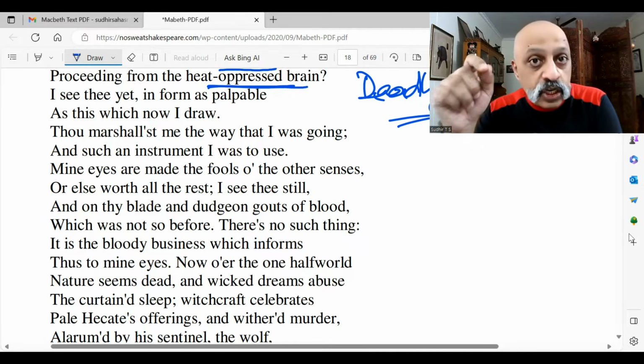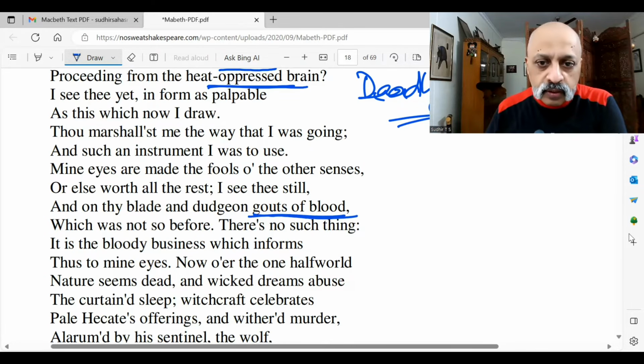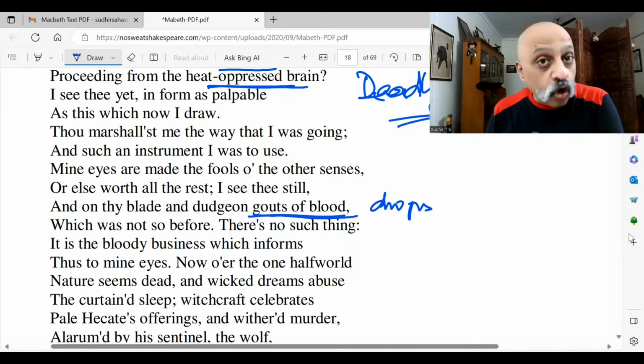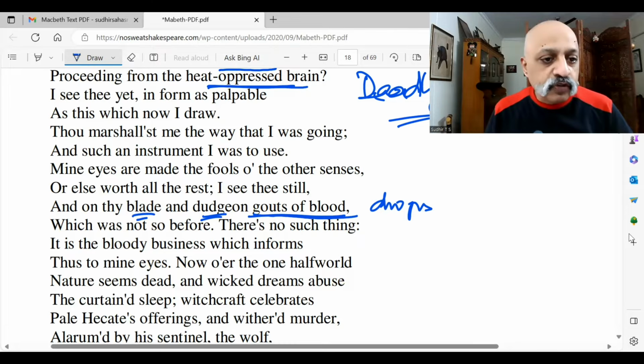So he says, I can see you, and I also see some drops of blood, gouts of blood, which was not there before, okay, on your blade and handle. Dudgeon का मतलब, blade का मतलब the sharp one, dudgeon means the handle, which was not so before.